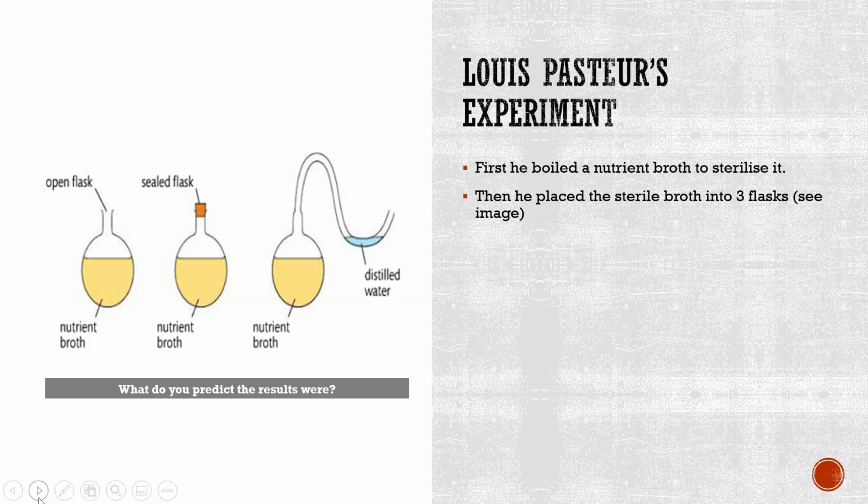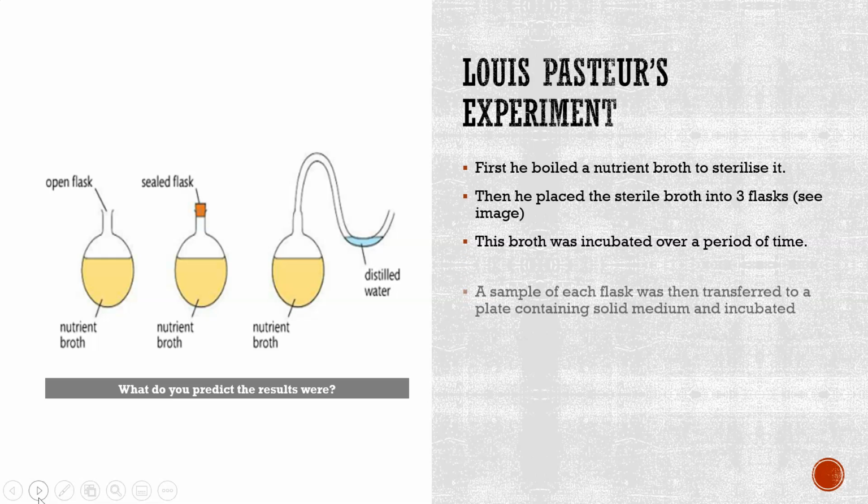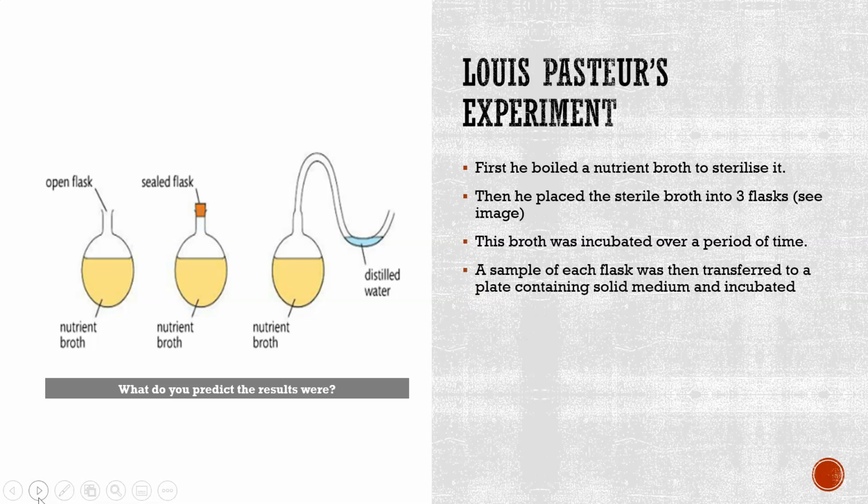He then placed that sterile broth into 3 different containers, as you can see here in these setups. The broth was then incubated, so warmed over a period of time, and a sample from each flask was then transferred to a plate containing a solid medium, like a Petri dish with some agar in it, and then was incubated over some time.